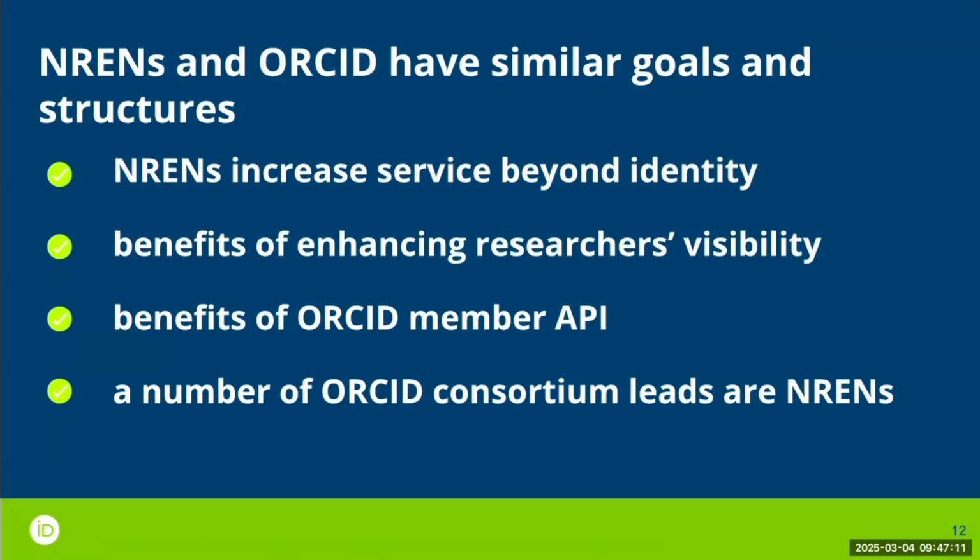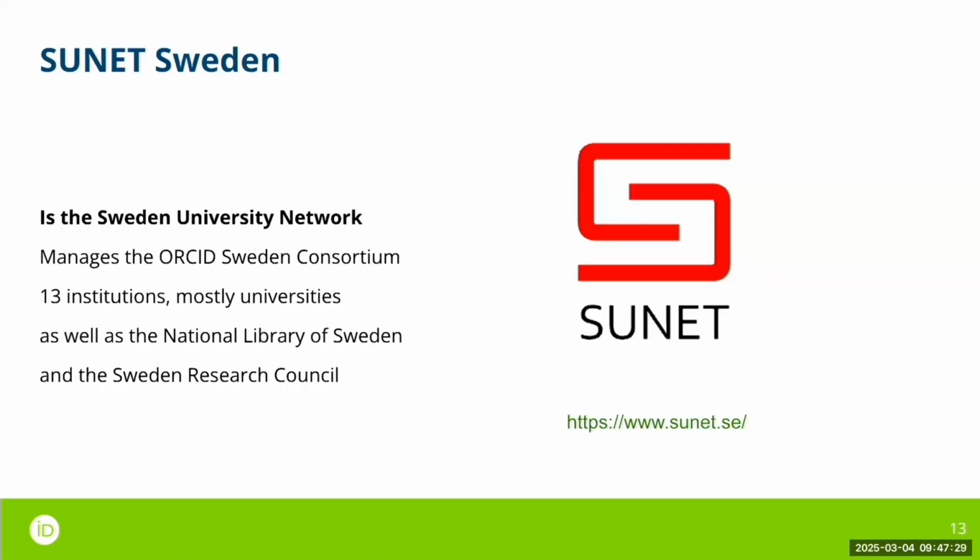Again, this is the benefit. You guys have the sign-in and, you know, identity expertise. You know your community and things, and so we rely on that. And then also, NRENs can provide something else besides sign-in or access to wherever resources. So, SUNET is an interesting example because they're mostly universities, but you have the National Library as well as part of your consortium, and your funder, I believe, yeah?